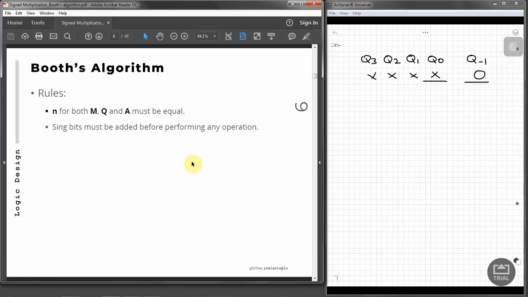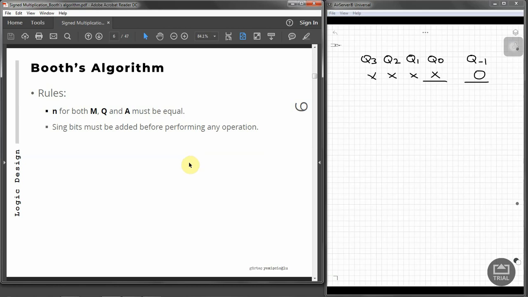One of the rules is that we need to have n bits of M, n bits of Q, and n bits of A. So we need to have an equal number of bits. This is one of the important things. And of course, as we are doing signed multiplication, we need to consider the sign bit in those bits as well when we want to perform any Booth's algorithm operation.